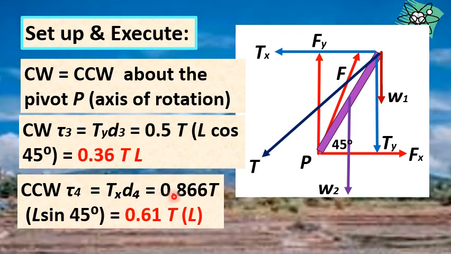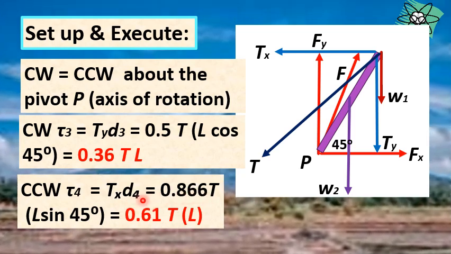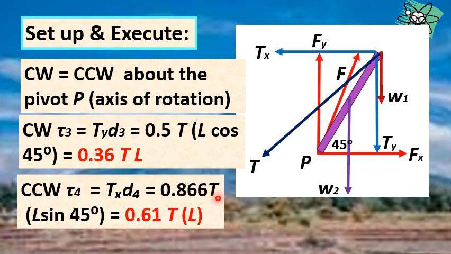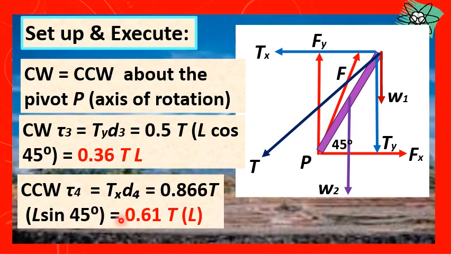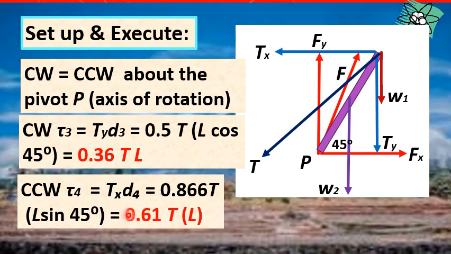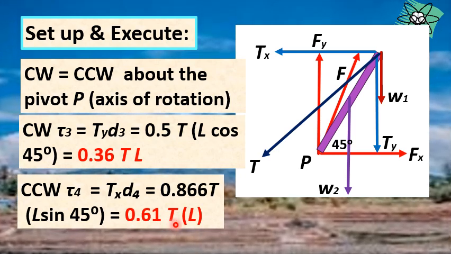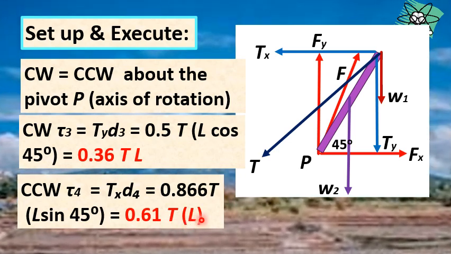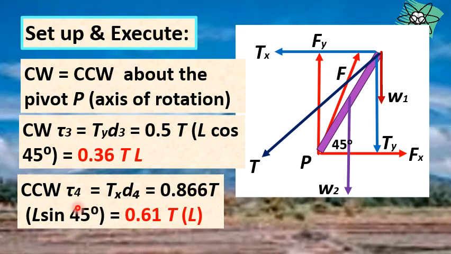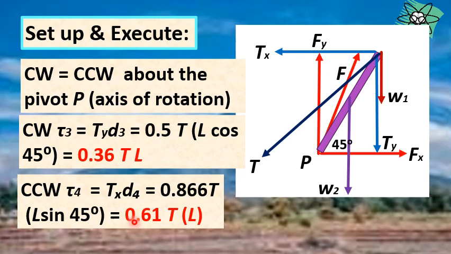So when multiplied to the magnitude of Tx, which is 0.866 times the tension T, we get the expression for the torque T4 equal to 0.61 times the tension force capital T and the length capital L. This is the only torque that can cause the strut to have a counterclockwise torque.